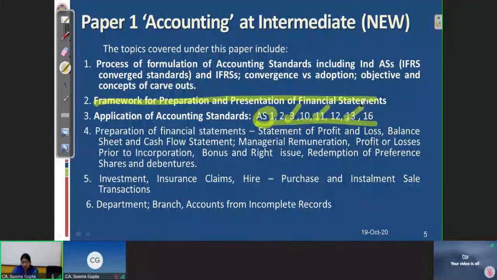What are the new standards for us? AS2, AS10, AS12 and AS16. AS16 is borrowing cost, AS12 is government grant, AS2 is inventory valuation and AS10 is PPE, that is property, plant and equipment.